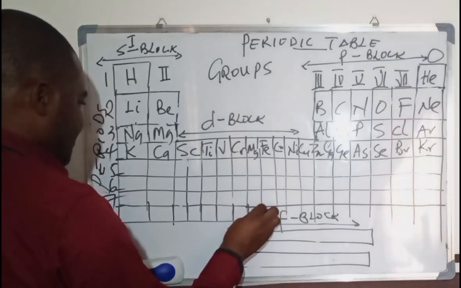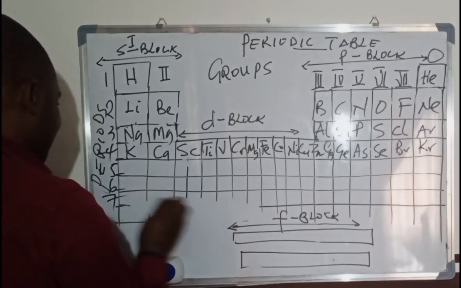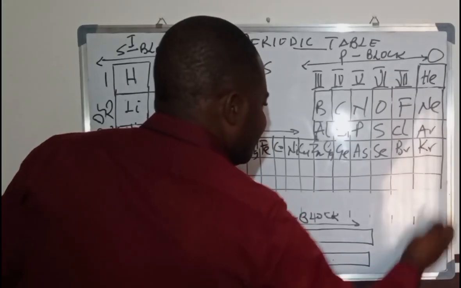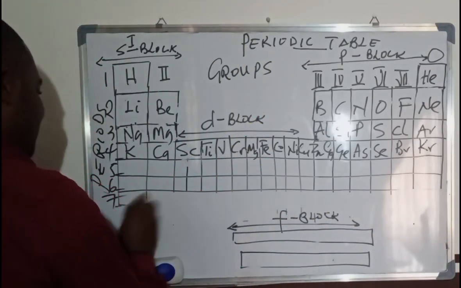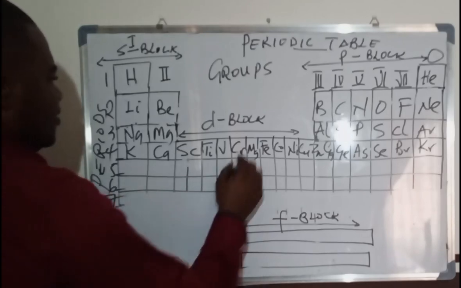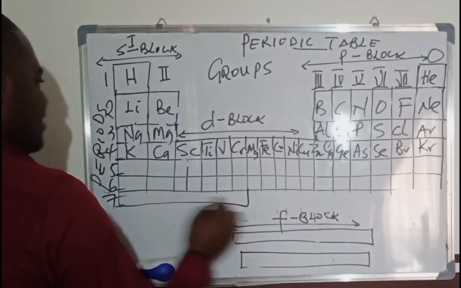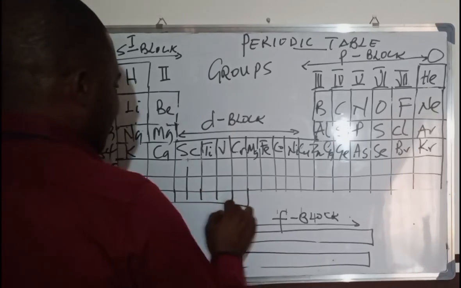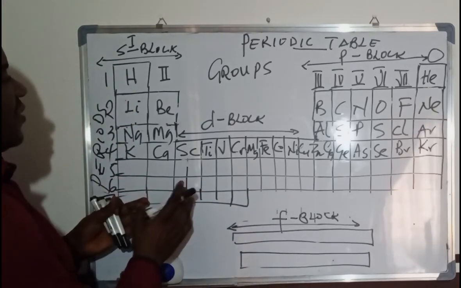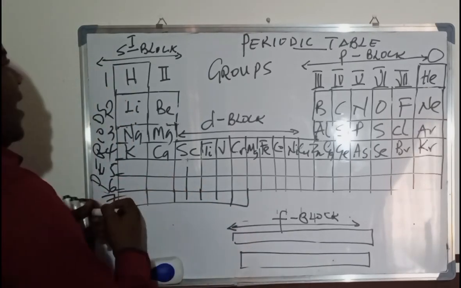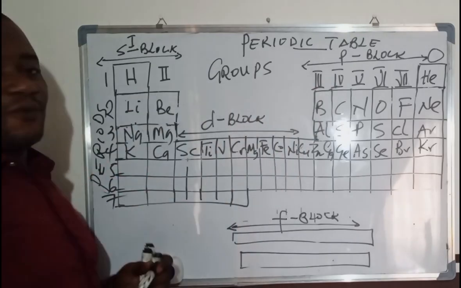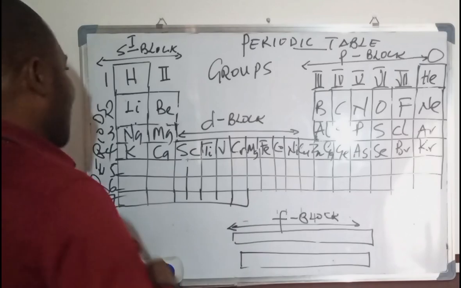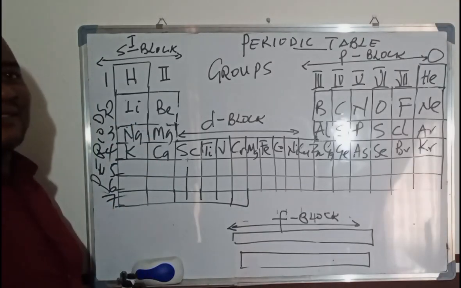Now interestingly, we need to know that the period, the 7th period of the periodic table ends somewhere in chromium. So this is how the periodic table presents itself. So we have 8 groups in the periodic table, with the 8th group named 0 being the noble gases, and we have 7 periods in the periodic table.